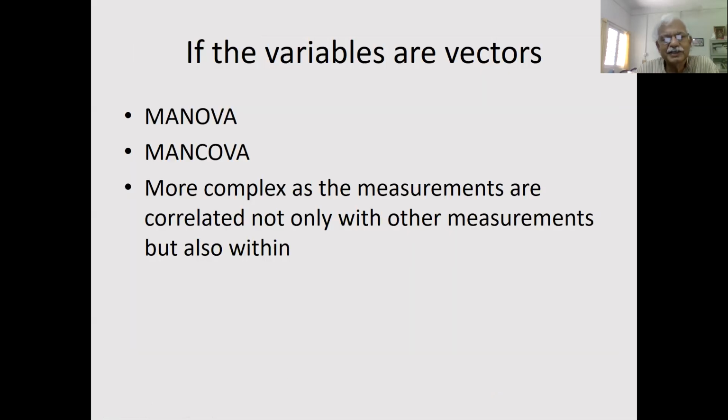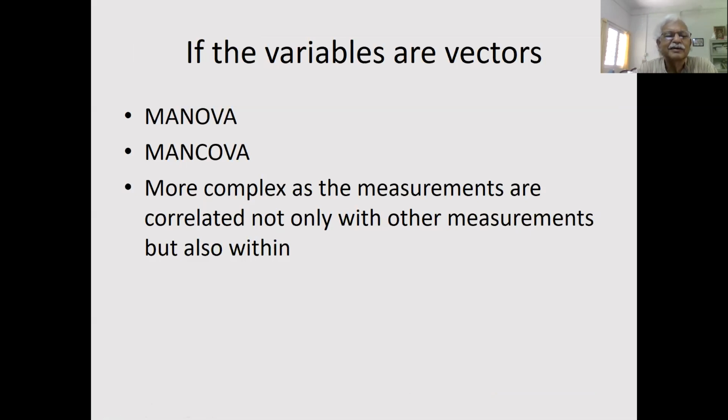There are some other related forms of analysis, MANOVA and MANCOVA, multivariate analysis of variance and multivariate analysis of covariance. When your variables are not scalar quantities, but vector quantities, then you go for multivariate analysis.